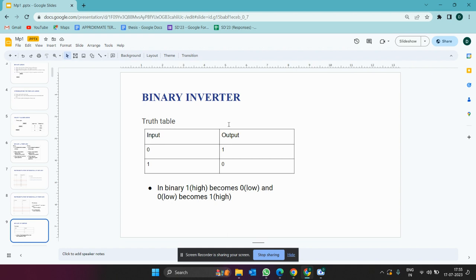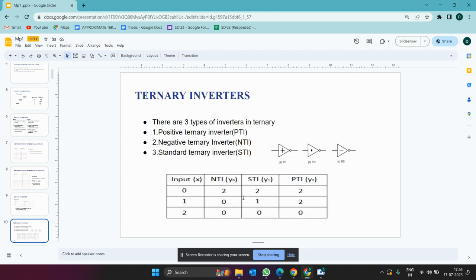Let's get into the inverters now. The binary inverter has only one standard inverter, that is it converts the 0 to 1 and vice versa, that is high to low and low to high. But in ternary we have three inverters, that is PTI, STI and NTI, where they stand for positive ternary inverter, standard ternary inverter and negative ternary inverter.